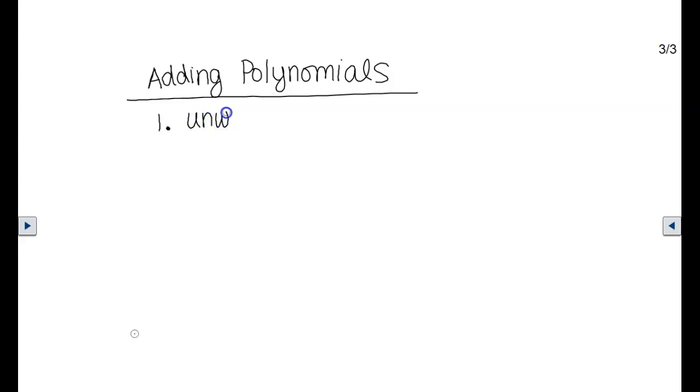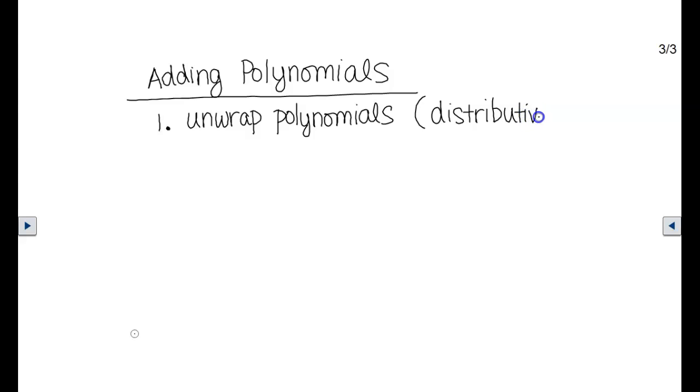When you're going to add polynomials, the first step is going to be to unwrap the polynomials. And when we say unwrap, you are going to use the distributive property, which you all are very familiar with, to do that unwrapping.